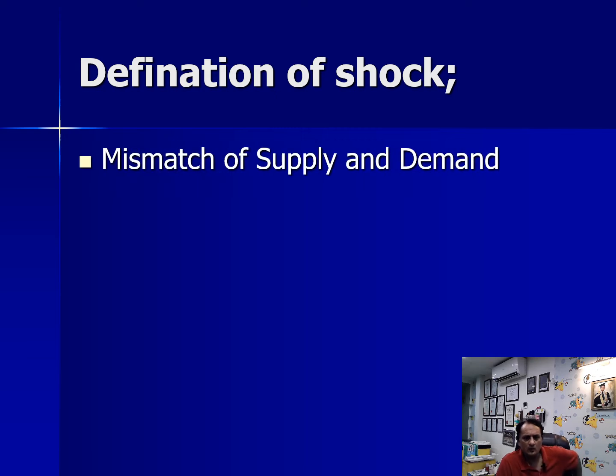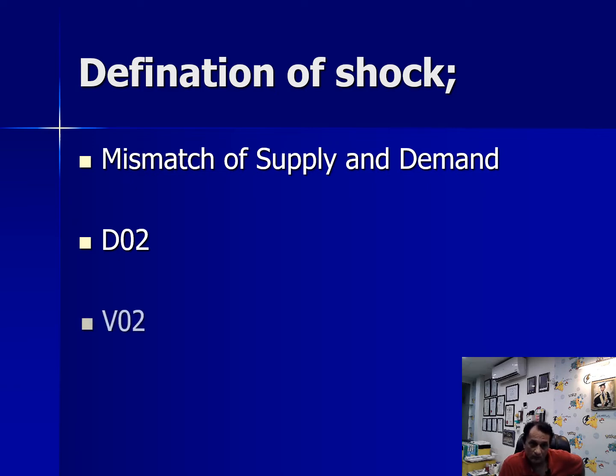So what's the definition of shock? Shock is a mismatch of supply and demand in a patient. We know that oxygen delivery is the cardiac output, the systemic flow Qs, multiplied by the oxygen content, that is, how good a quality of blood we have.